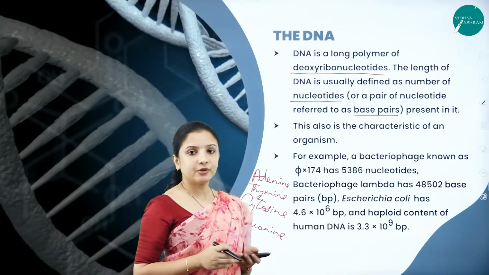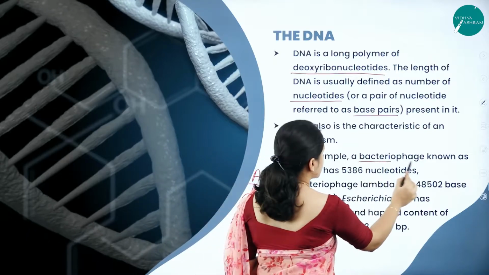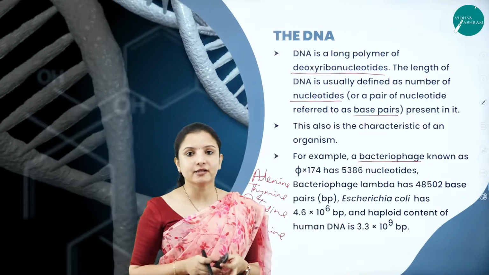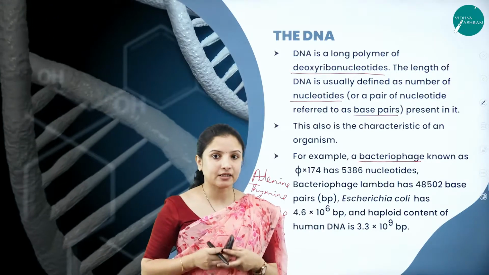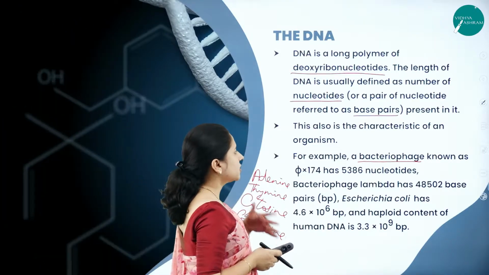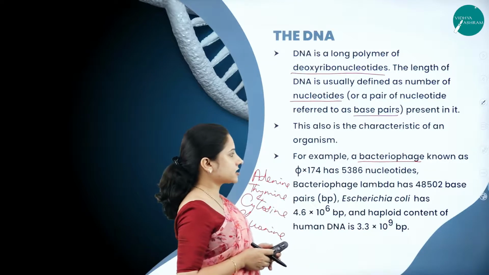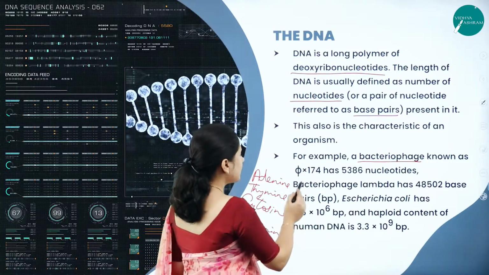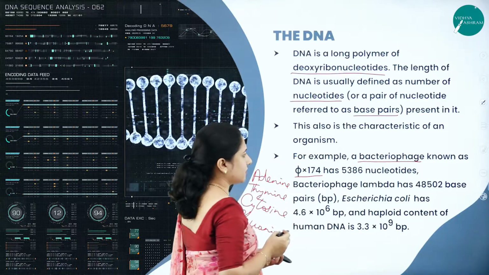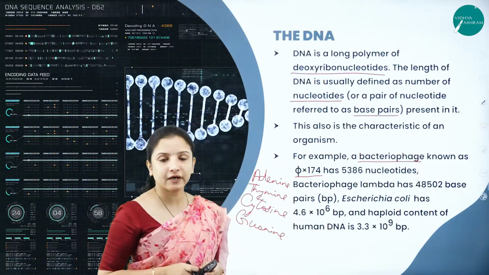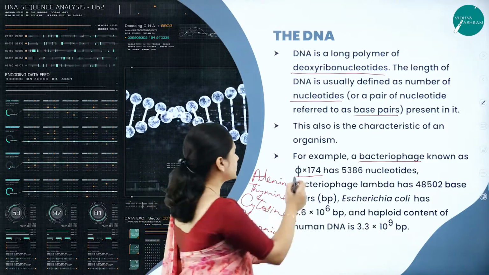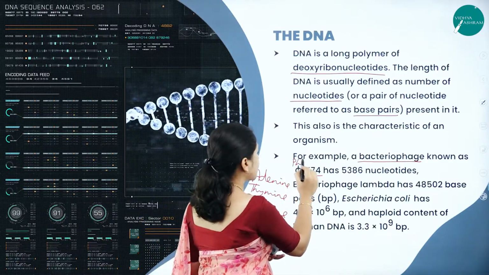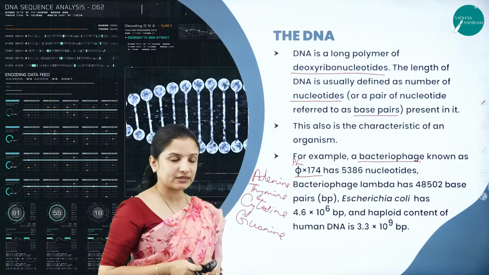Say for example, let's consider a bacteriophage. What are bacteriophages? Bacteriophages are those viruses that attack bacteria. For example, the bacteriophage phi X 174. The symbol is phi.